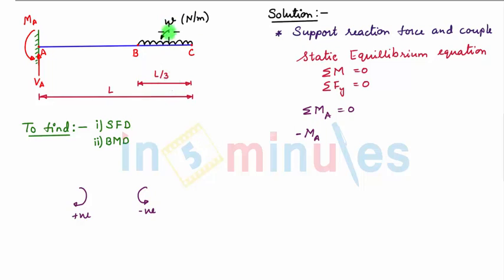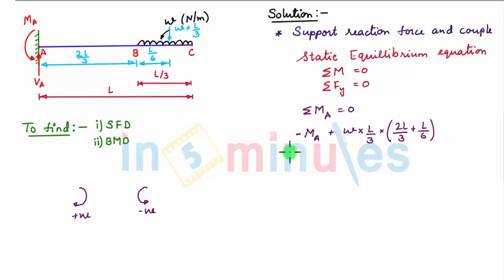So we can always assume a point load of magnitude W into L by 3 which is acting at the center of this span BC, that is at a distance of L by 6 from point B, or 2L by 3 plus L by 6 from point A. So we have plus W into L by 3 into (2L by 3 plus L by 6). Now this is the expression for the sum of all the moments about point A and it is equal to 0.